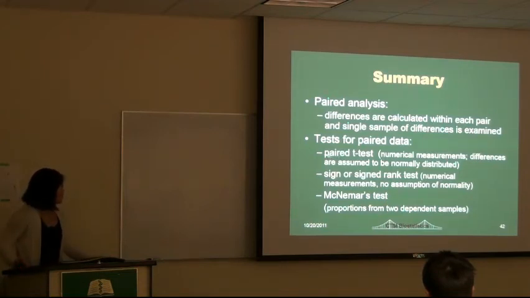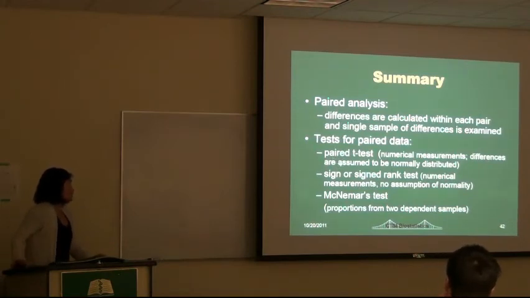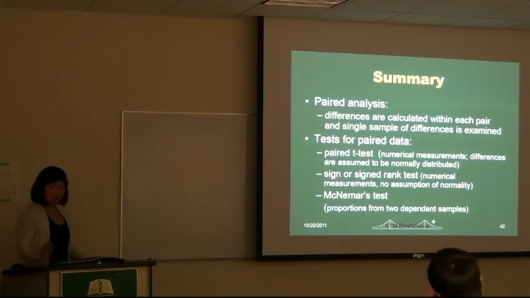The test that we went over today was the paired t-test, which can be used for numerical measurements where we can assume that the differences are normally distributed. If the outcomes are numerical but you can't assume normality, then you can use the sign or the signed-rank test. These are nonparametric tests. And if the outcomes are categorical, then you can use McNemar's test.